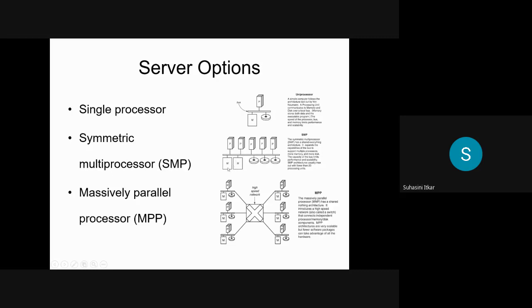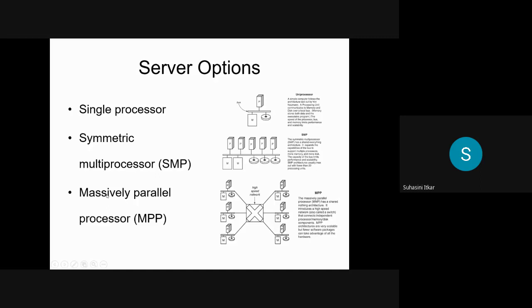The processors have the processing power, but to get the data and the instructions, they fetch them from the common memory. That is called symmetric multiprocessing: the processors are symmetric, but the memory is commonly used.